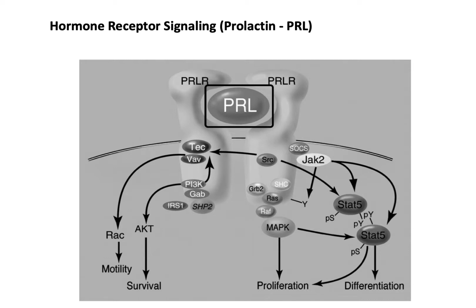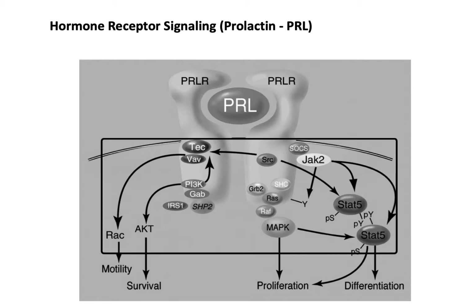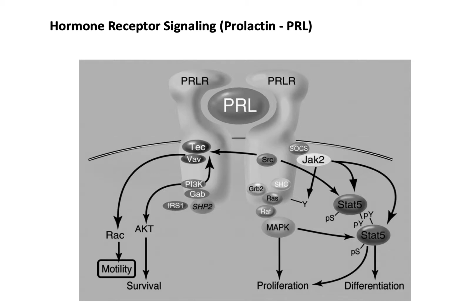So prolactin is produced in the pituitary, in adipose tissue, and by the placenta. So that will stimulate, of course, milk production in the females. But it also has other effects. So the prolactin can affect signal transduction in many ways, and increase motility of the cells, survival of the cells, that is, make them immortal, proliferation and differentiation.